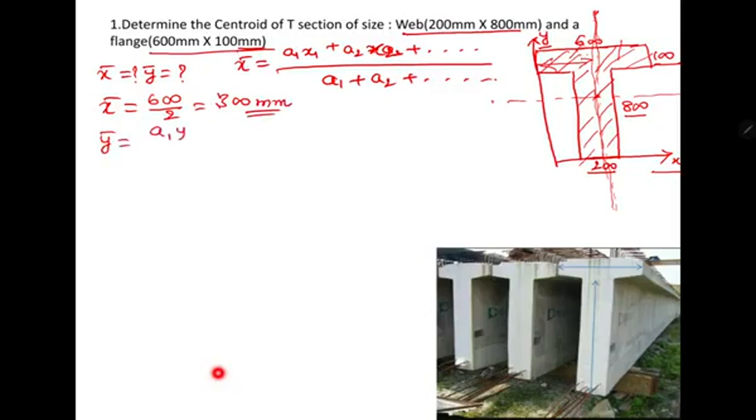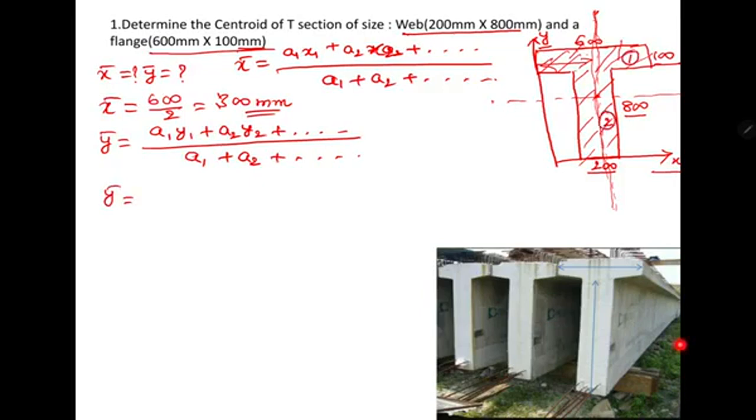The formula for y bar is a1y1 plus a2y2 plus, if you have more plane figures, you need to add those. Here I have only two plane figures, so a1 plus a2. Now for y bar, I am taking the top plane figure as 1 and the second plane figure as 2. Here both are rectangles, so I use the formula for the rectangle. a1 is 600 into 100, and y1 is the distance from the x-axis to the center of this.